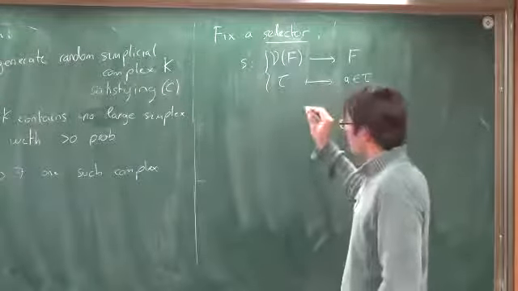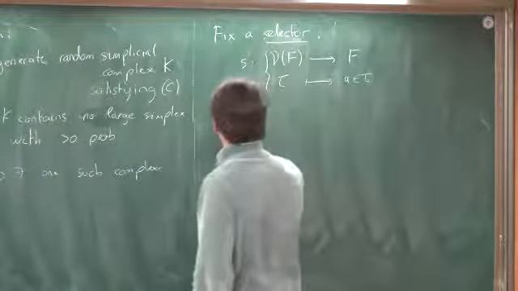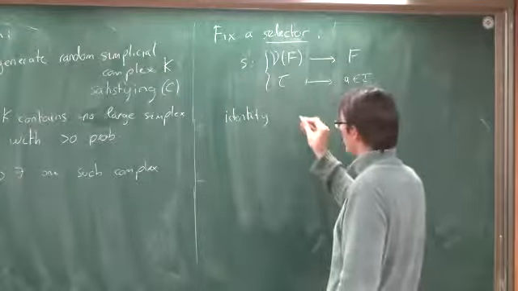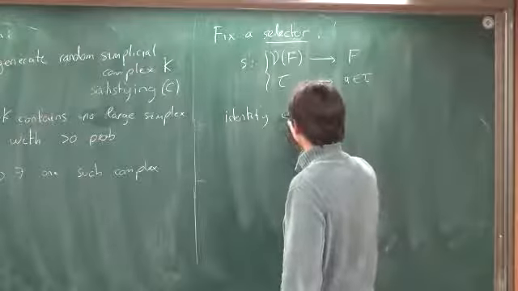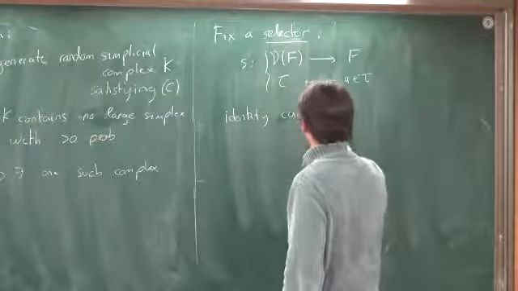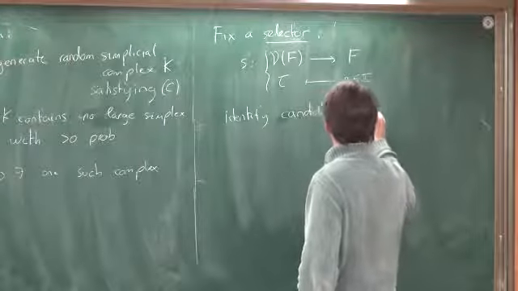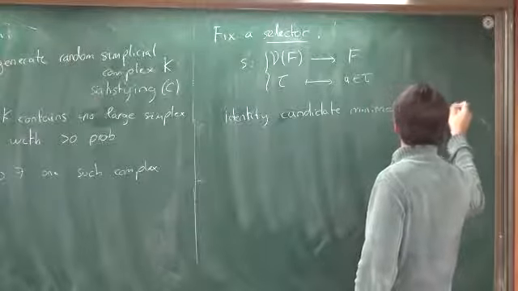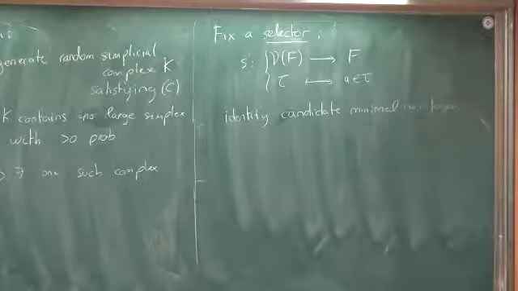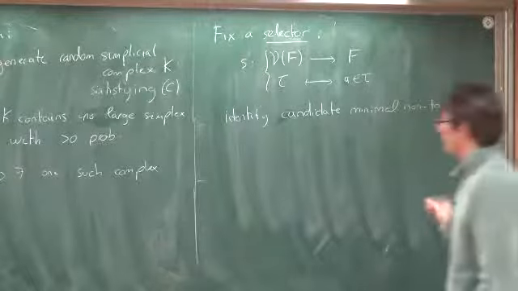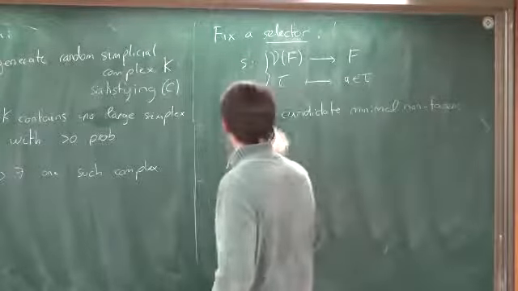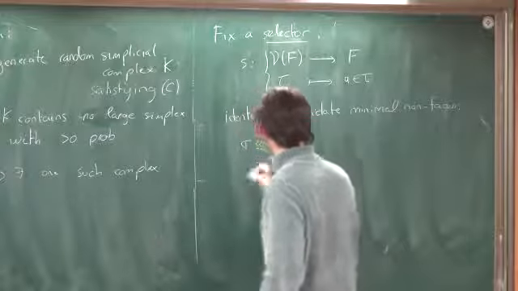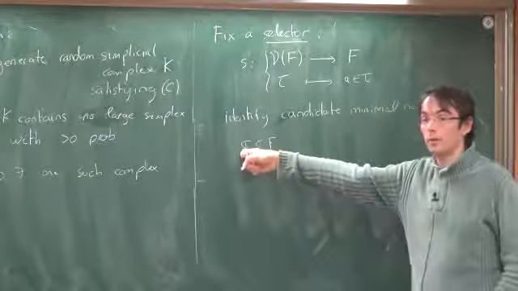So from this selector, now I have a set of candidates, the candidate minimal non-faces. Assume sigma is to be a minimal non-face.